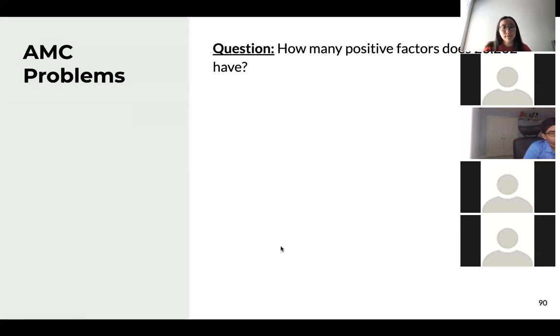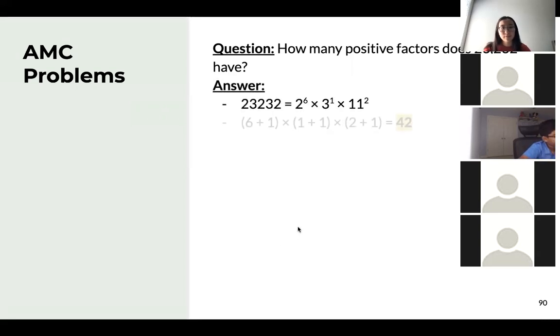Yep, good. The answer is 42. When you find the prime factorization, you get 2 to the 6 times 3 to the first times 11 squared. Add 1 to all the exponents, and you get 42.